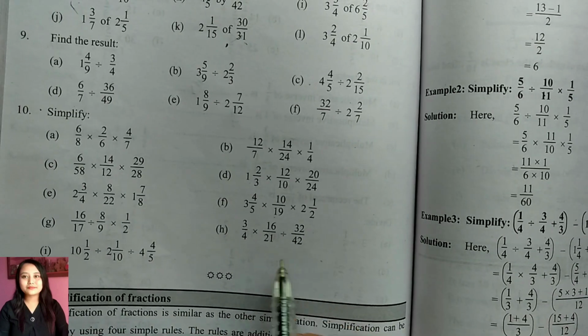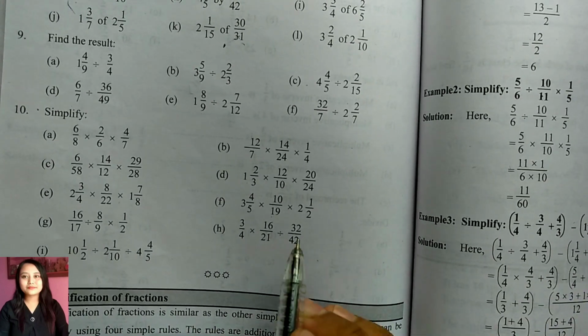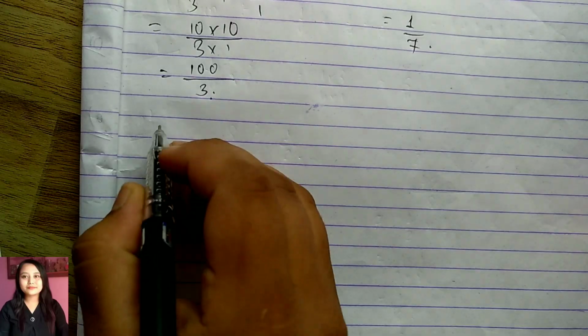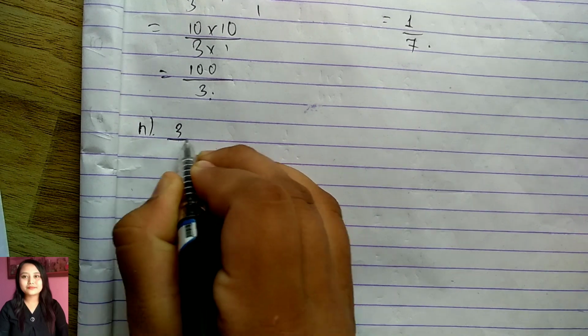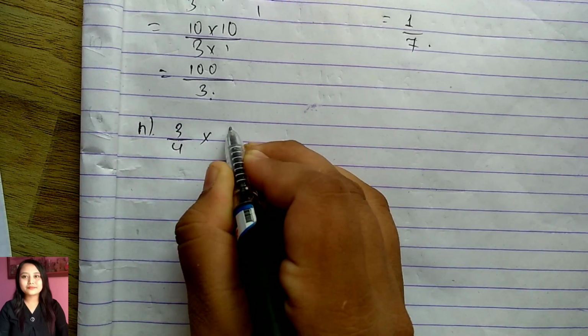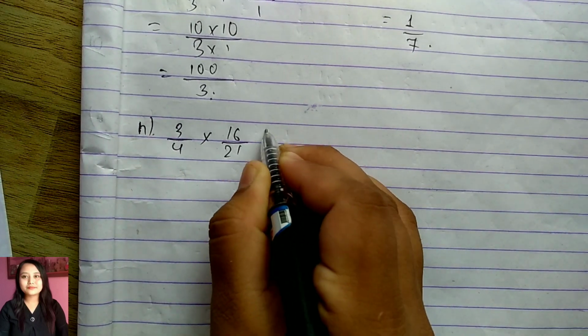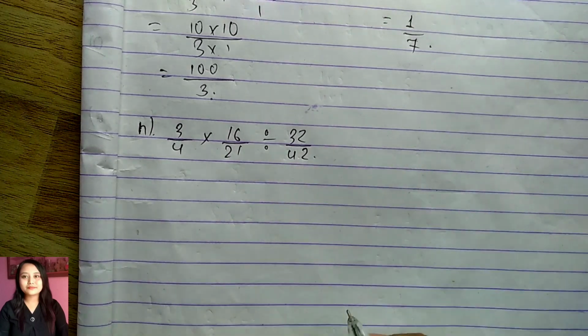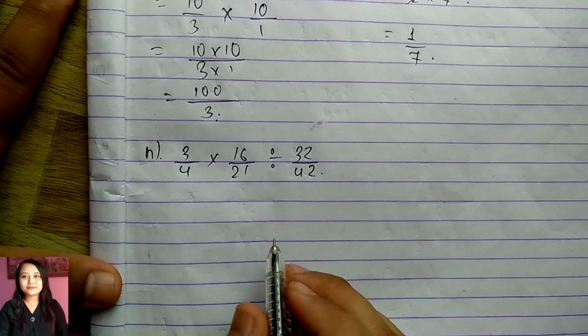Division must be done before the multiplication. So let's do question number H. In question number H, it's given like 3 by 4 into 16 by 21, divided by 32 upon 42. Okay, so this is the exact question that is given.